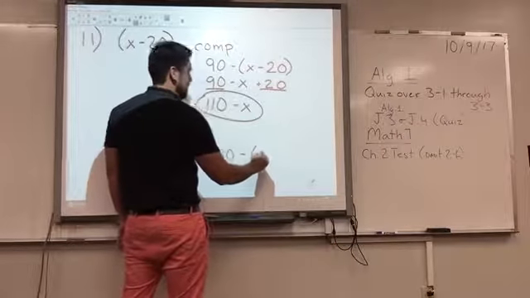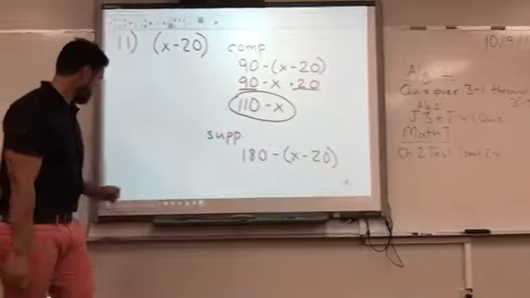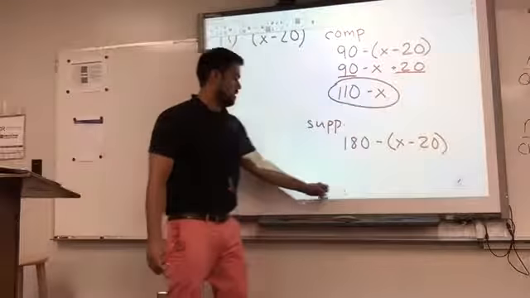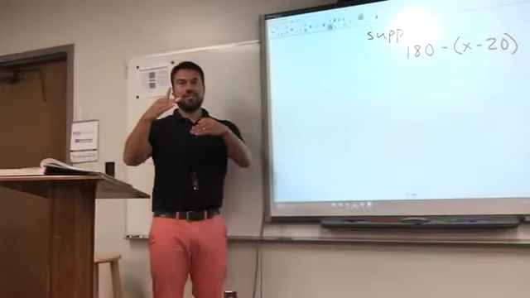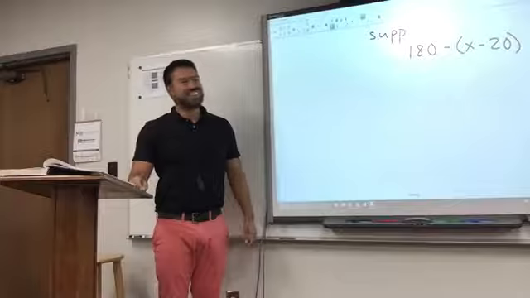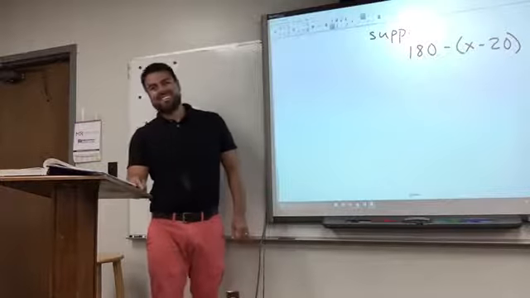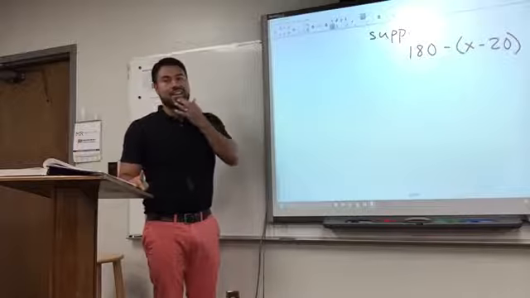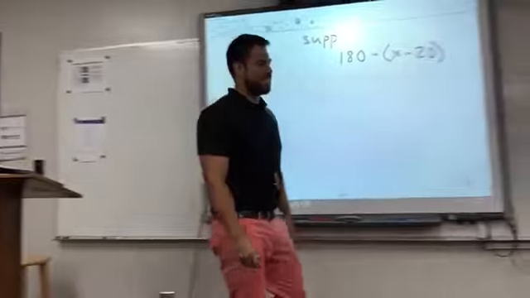That's okay. 180, and then I had it, and then I saw you put the complement up there, and I thought my complement was my supplement, and I changed my answer. That's okay. I see what happened.